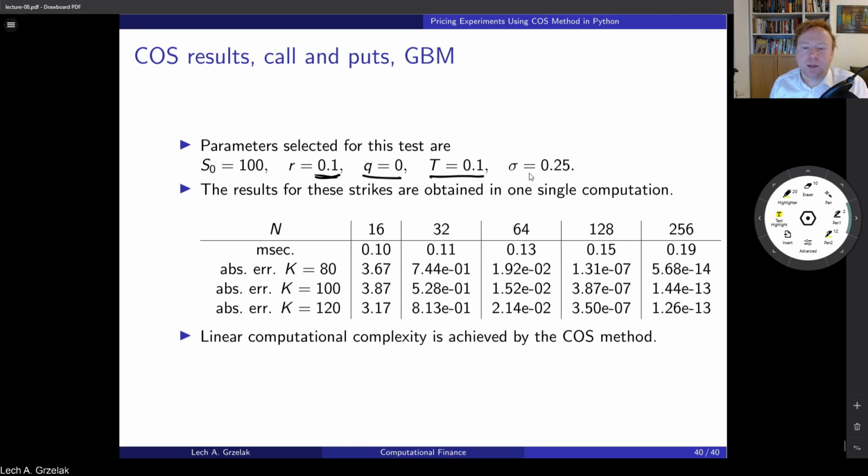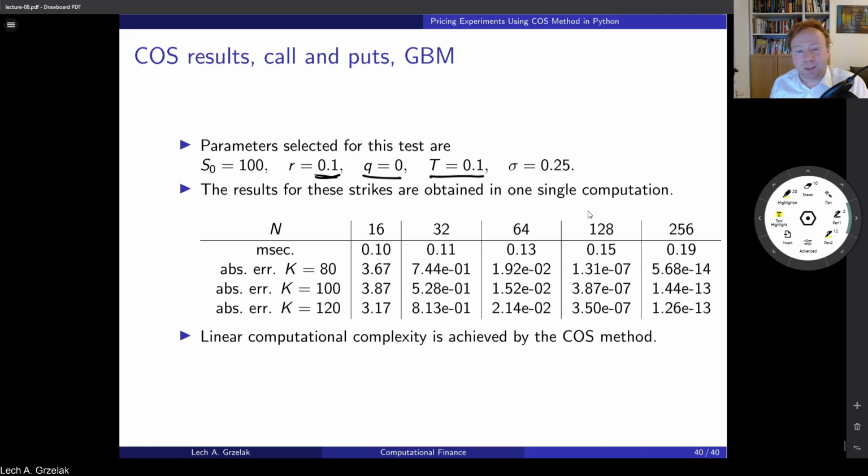And then we have sigma, which is 25%. So this is a comparison. How much time does it take for each? We do evaluation for a whole vector of strikes, of course, and then we compare the quality of the results, and this is the time necessary for the evaluation. You can see that initially for 16 terms, it is rather bad, but once we have 64 or 128 terms, then we have very good results already.